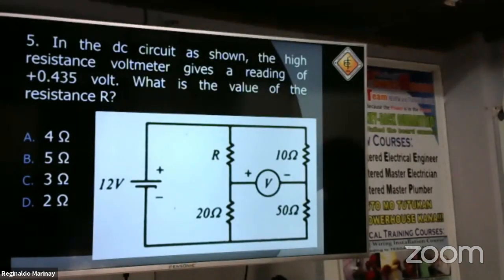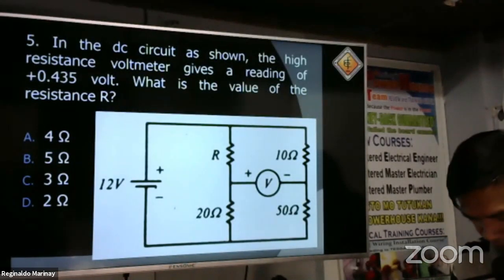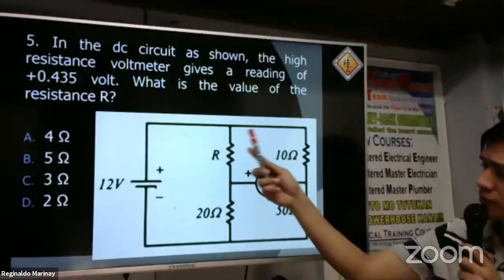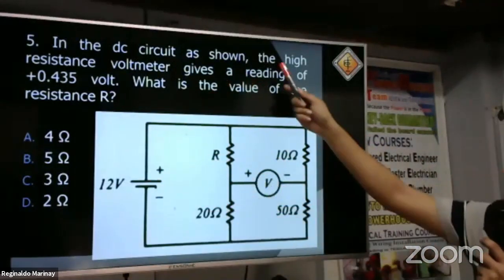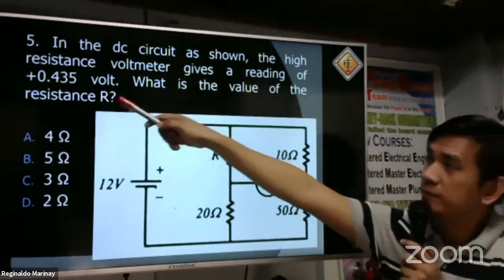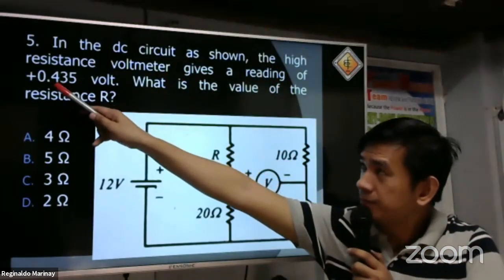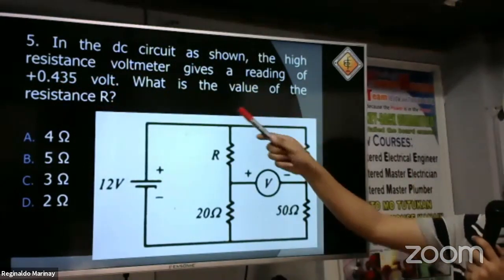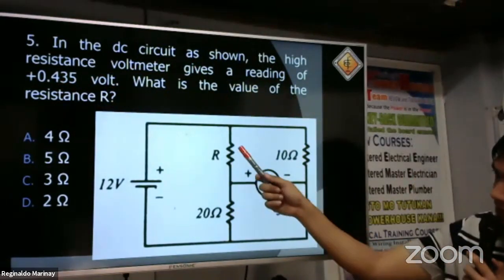Okay, let us continue. In the DC circuit shown, so this is now the figure, the high resistance voltmeter gives a reading of positive 0.5 volt. What is the value of resistance R? Is the question.